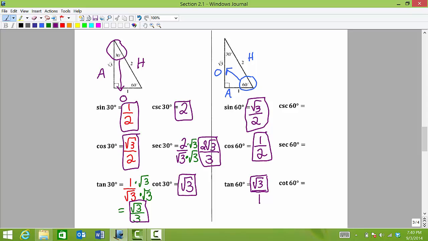And now we will work with the reciprocal function values. So cosecant of 60 degrees will be 2 divided by the square root of 3. And we will rationalize. So we get 2 square root of 3 divided by 3.